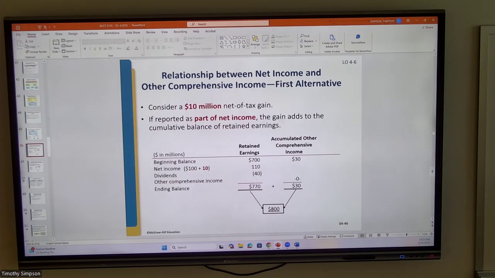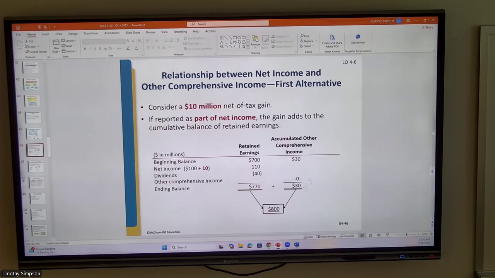We have retained earnings of $700 million. We had net income of $10 million, and the gain adds to accumulated retained earnings. And we have dividends, which are discretionary to the company itself. Accumulated other comprehensive income was $30 million.